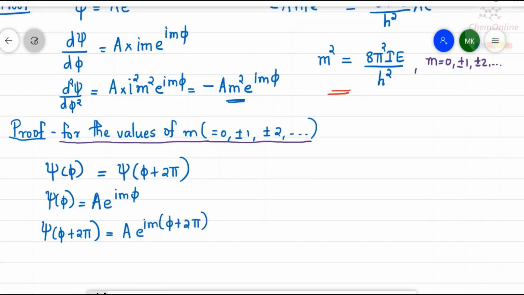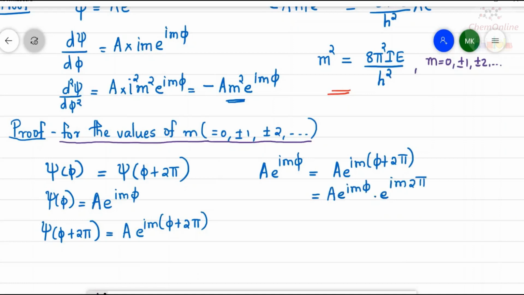So equating xi of phi and xi of phi plus 2 pi, we get a e raised to im phi equals a e raised to im into phi plus 2 pi. So this is equal to a e raised to im phi into e raised to im 2 pi. That is, e raised to im 2 pi equals 1.